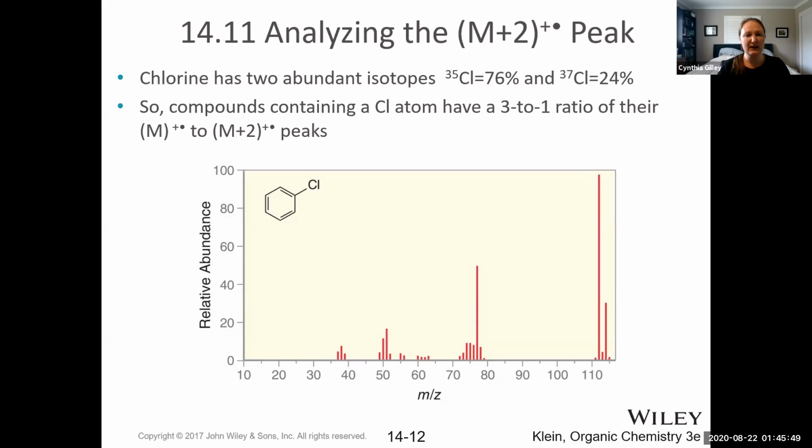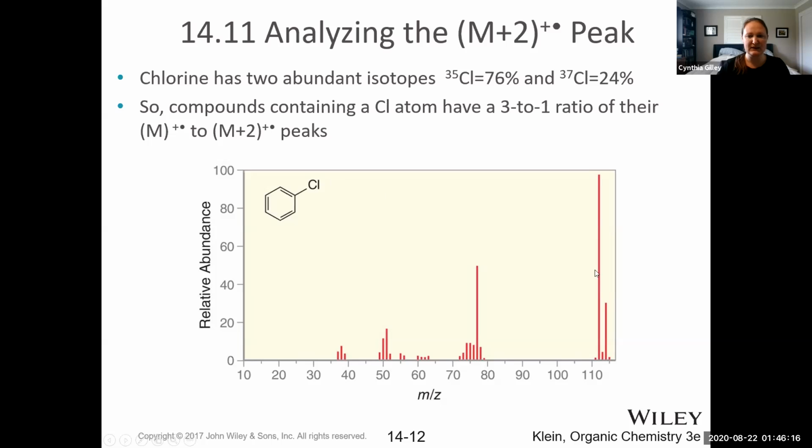So with chlorine, we have 2 abundant isotopes, chlorine 35 and chlorine 37. And their abundance in nature is about a 3-to-1 ratio, or 76 to 24%. So if you have a molecule that contains a chlorine, then there's 3 out of 4 chances it's chlorine 35, but there's still 1 out of 4 chances that it's chlorine 37.